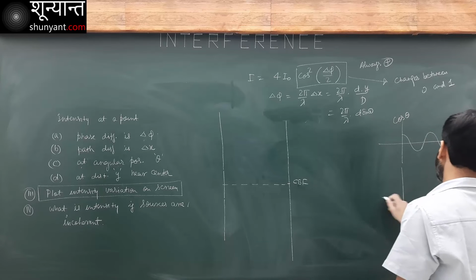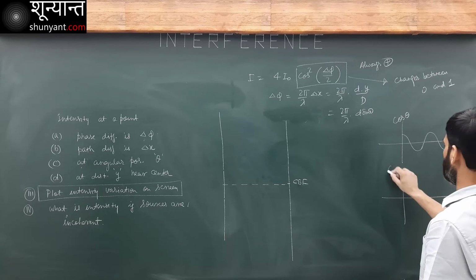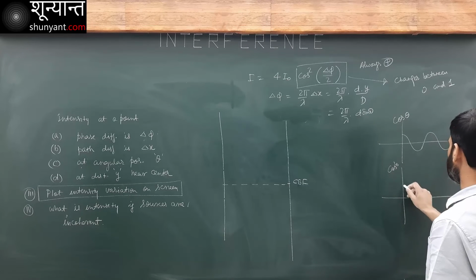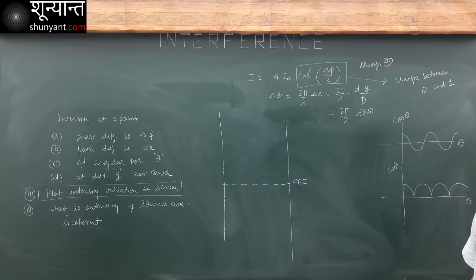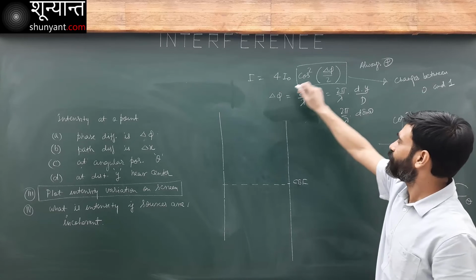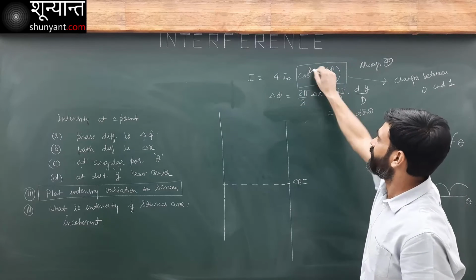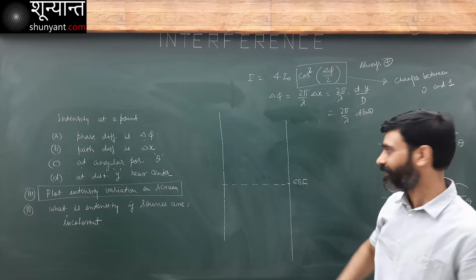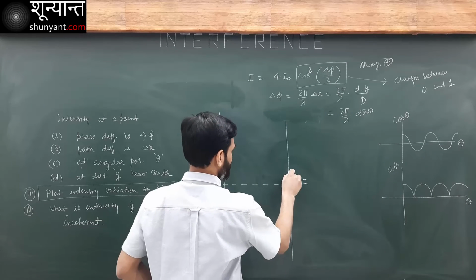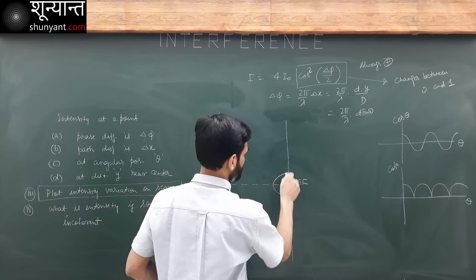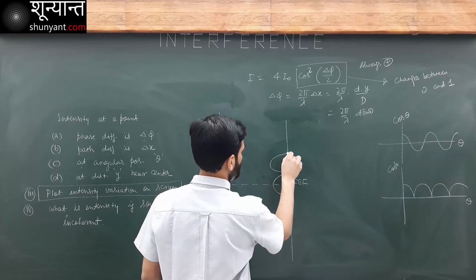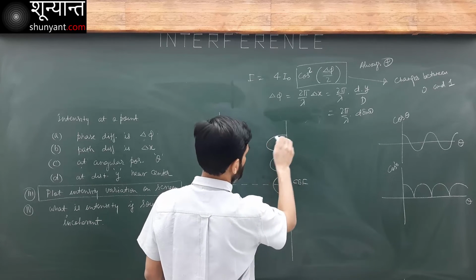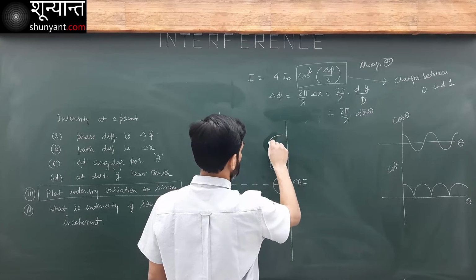How will the graph of cos square theta look? Now everything becomes positive. This intensity also is a function of cos square, so it is going to change similarly. That's how it is going to change. And this will be the maximum intensity.